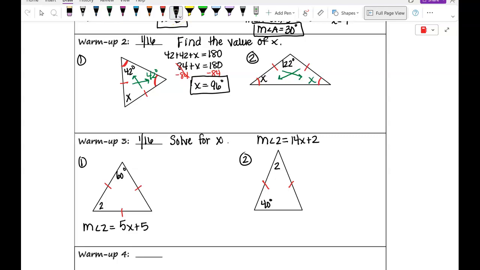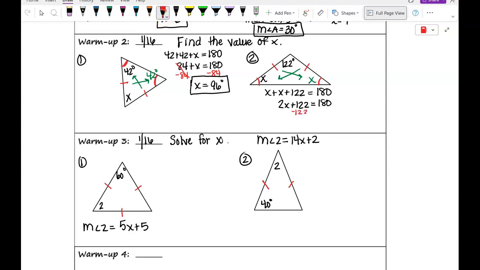So now on this one, x plus x plus 122 equals 180. So when I go to combine like terms here, I have x plus x, so this is 2x plus 122 equals 180.